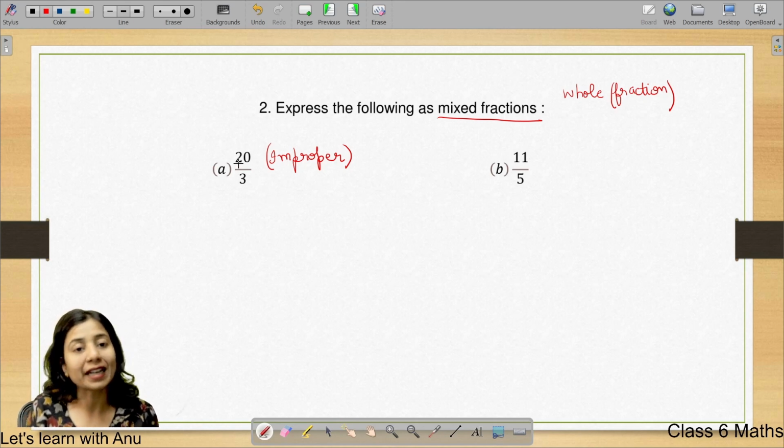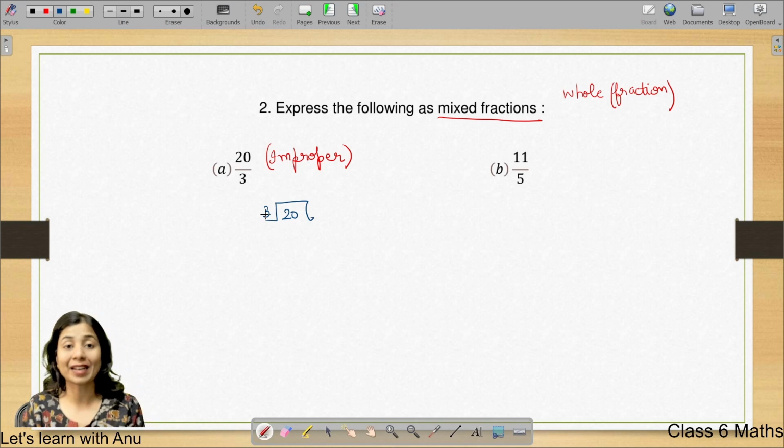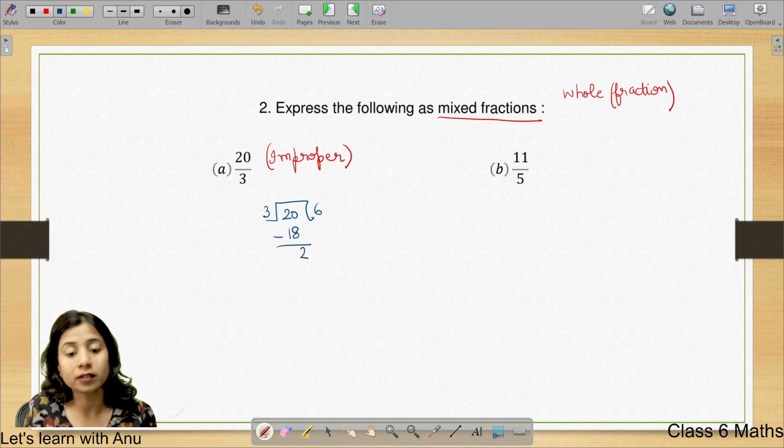So for converting an improper fraction into a mixed fraction, we are going to divide 20 by 3. So let's do it together, class. This is 20, and if we divide it by 3, we know that 3 times 6 is 18. So when we subtract, the remainder comes out to be 2. These terms are very important to understand, class: 3 is the divisor, 6 is the quotient, and 2 is the remainder.